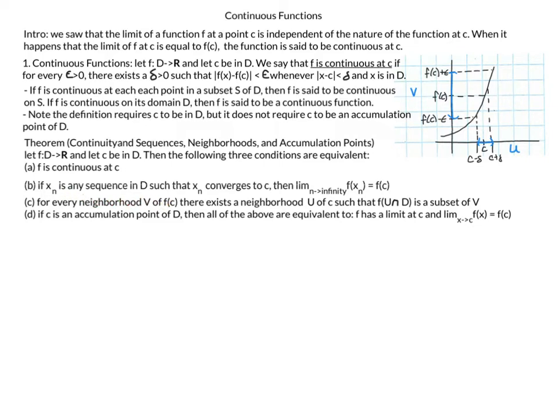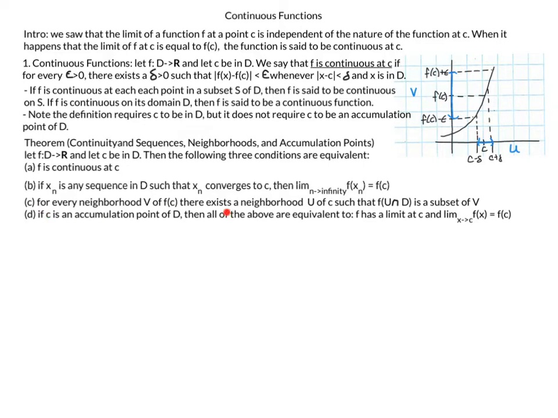Even when the neighborhood has a very small epsilon, I can always find a neighborhood U of c such that the image of U intersected with the domain is a subset entirely contained in V. In other words, no matter how small this little neighborhood is, I can always find another neighborhood in the domain that will map entirely into my neighborhood V.